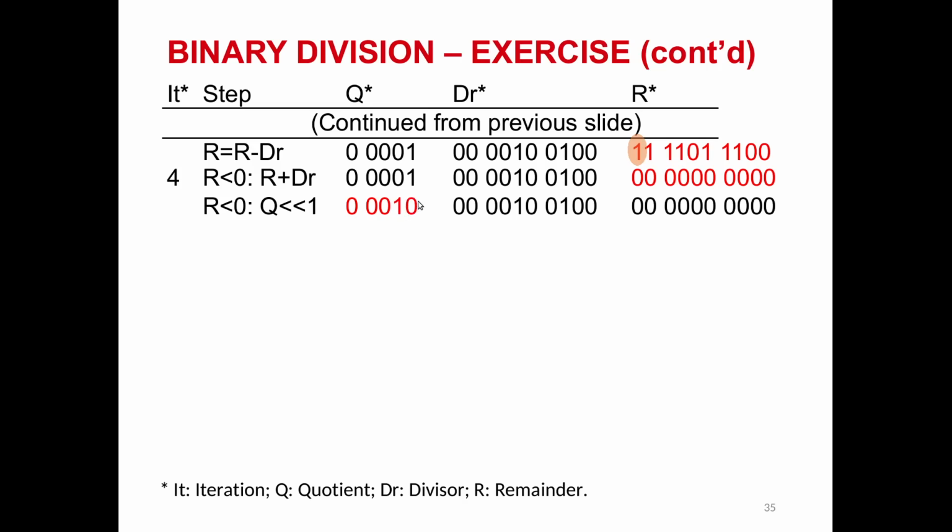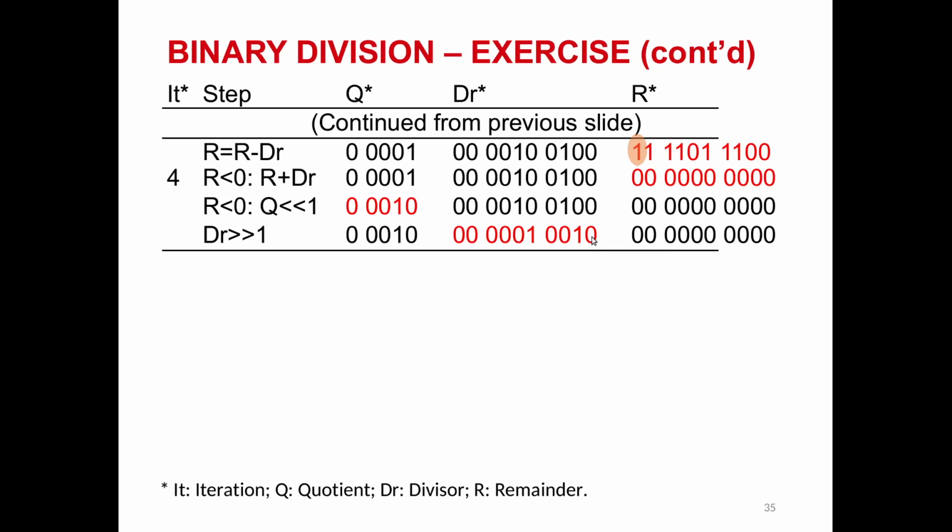So a new bit 0 here will be pushed to the Q. And then dr must be shifted 1 bit to the right, and it changes to 0 0 0 0 0 1 0 0 1 0. And then we move to the fifth step.